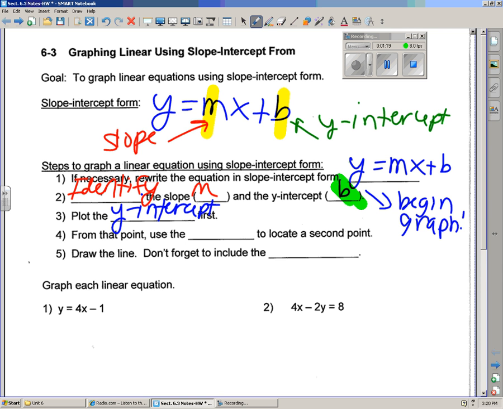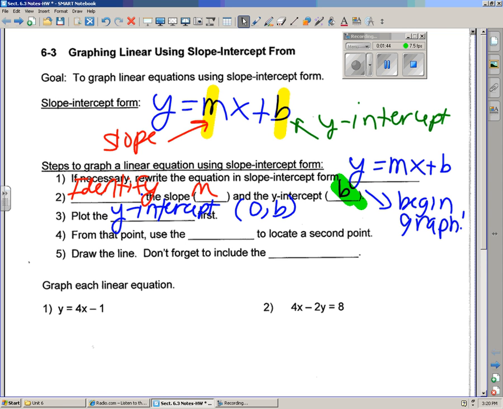And the fact that it's the y-intercept, the point that crosses the y-axis, means every y-intercept has the same exact ordered pair. To plot the y-intercept, you always stay at the origin, you stay at 0, and then you travel on the y-axis b, whether that means going up or down, positive or negative. That's going to be your ordered pair for any y-intercept: 0, comma b.